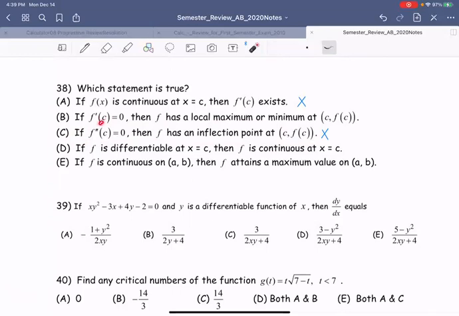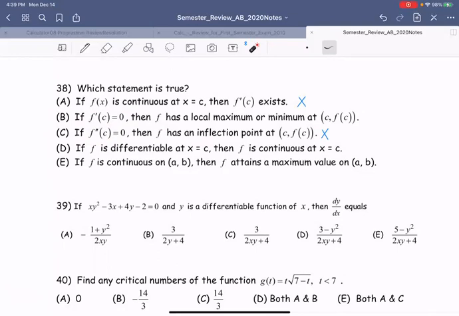You say this guy equals 0, then it has an inflection point? It has no relation, okay? First derivative, second derivative, the function totally changed. Oh, I see. You cannot make that conclusion.